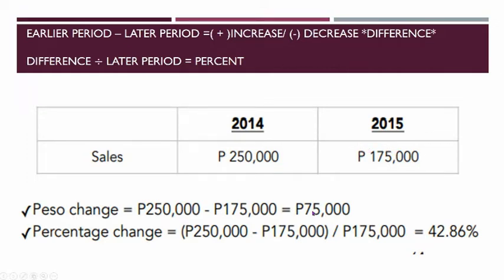Here you can see 75,000 pesos, since it is positive, it is an increase. For the percentage change, the 75,000 pesos divided by 175,000 gives you 42.86%.